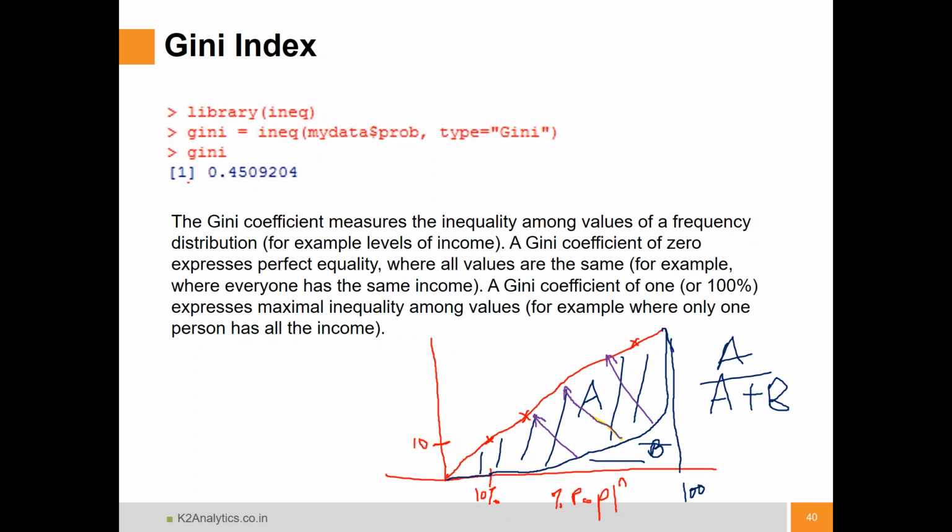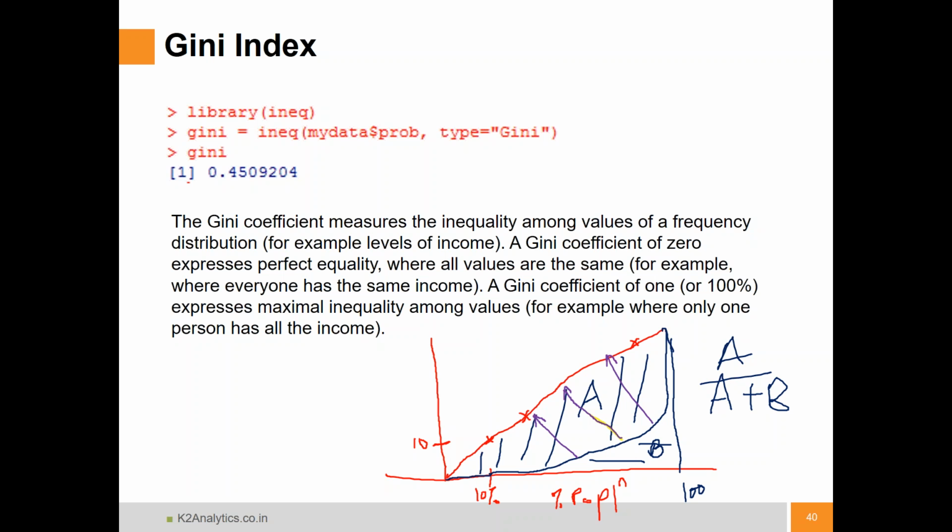So if I am a distributor of wealth, I am distributing more wealth to customers who are likely to respond. That's the objective, no? Give low probability to customers who are less likely to respond, give high probability to customers who are more likely to respond. Which means I would like to have a high Gini.